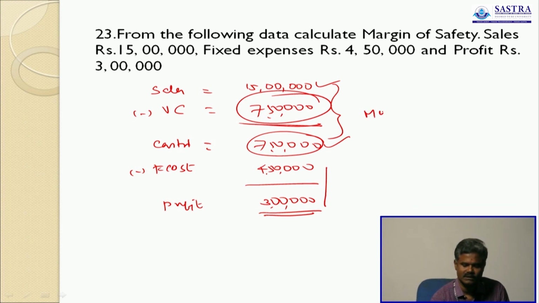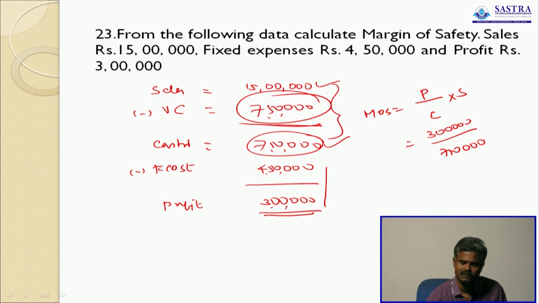Margin of safety equals profit divided by contribution into sales. This is a direct formula. Profit is 3 lakh, contribution is 7,50,000, into sales, 15 lakh. I think 6 lakh is the margin of safety.